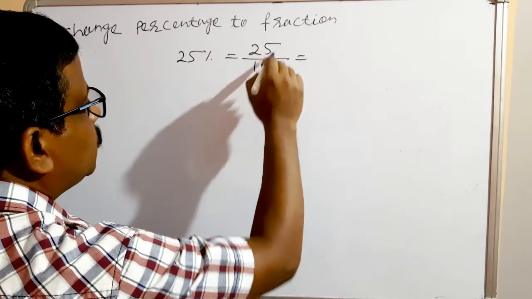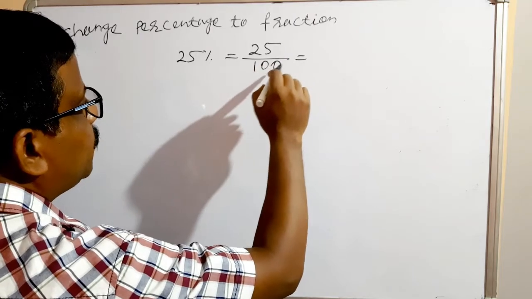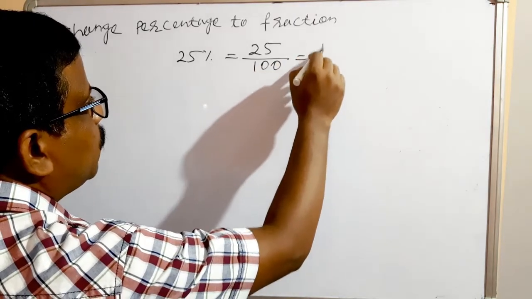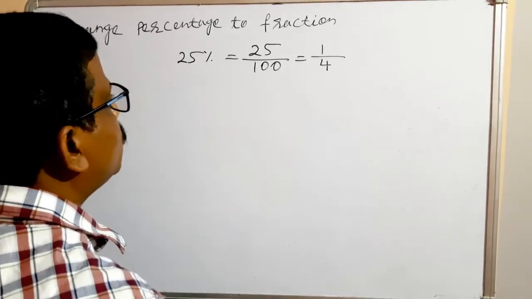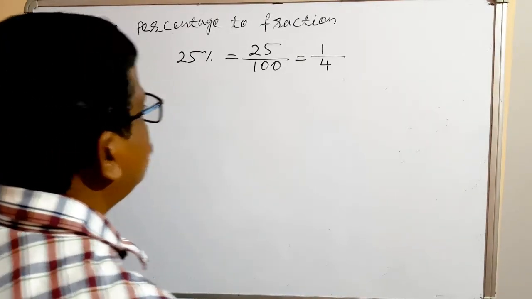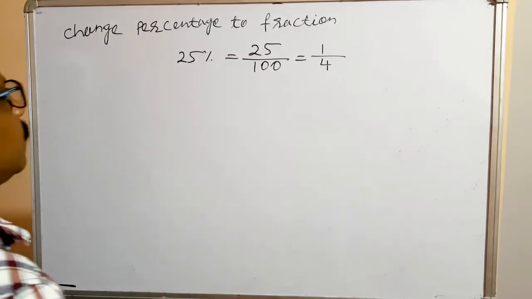We have to reduce it to the lowest terms. 2500 is divisible by 25, and 25 is divisible by 25 once. Dividing by 25, it will be 4. So 25% changes into the fraction 1 by 4.